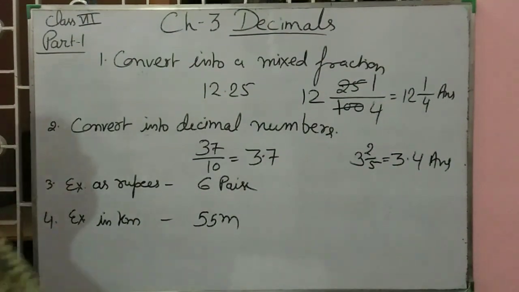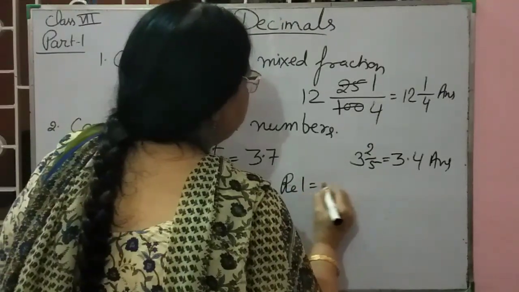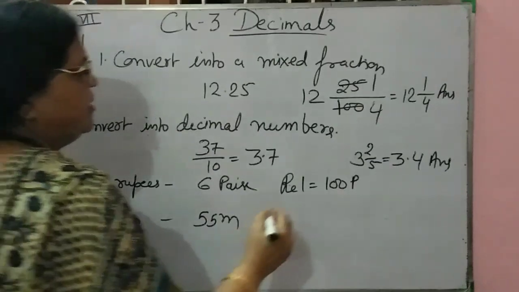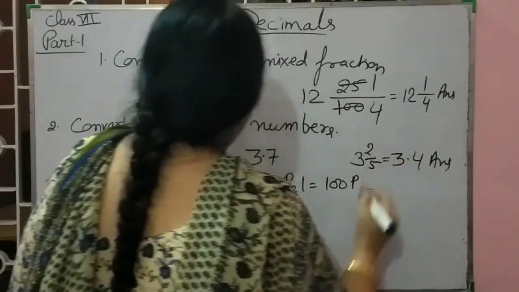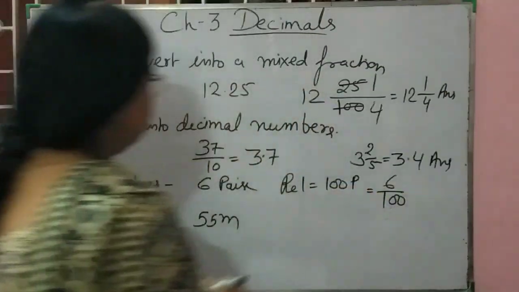Express as rupees. Rupee 1 equal to 100 pies. 6 by 100.